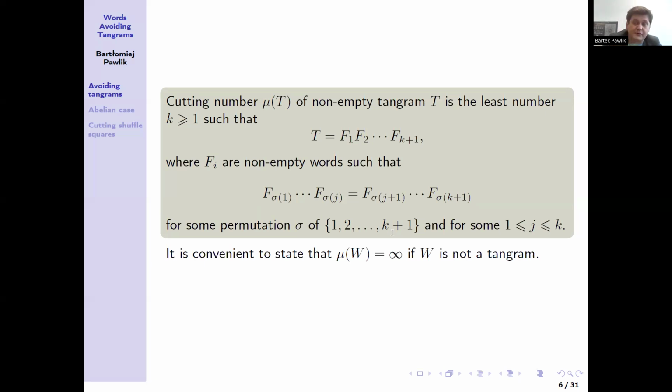The cutting number of word T is denoted by ct. Of course, these two resulting words must have the same number of letters, but the number of pieces, these factors used for each of them, may differ. So this J is from 1 to K. It's not necessarily in the middle.